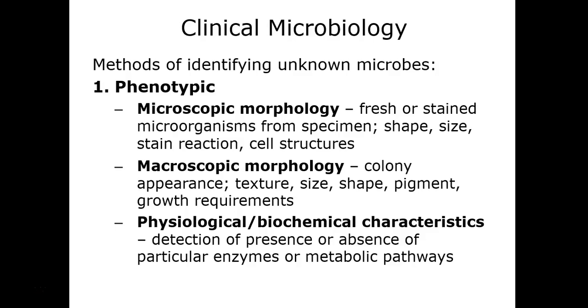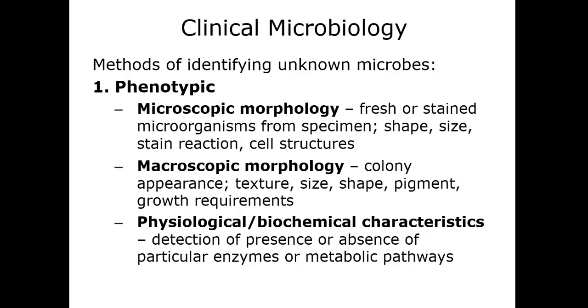So as we mentioned, we have the phenotypic category. And when we talk about phenotypic, phenotype arises from the properties of a cell that are determined by its DNA composition. So obviously, our genetic material governs our physical appearance. So think of phenotypic as physical appearance. These are things that we can observe.